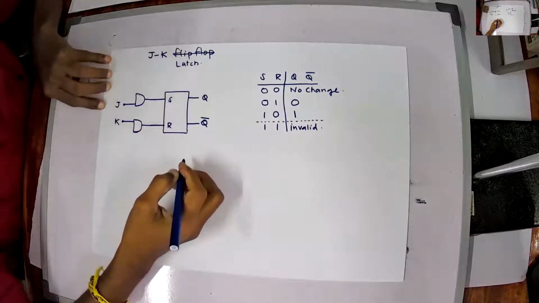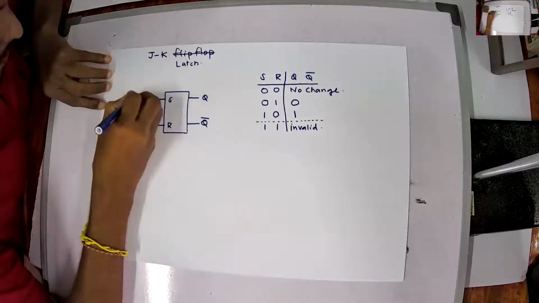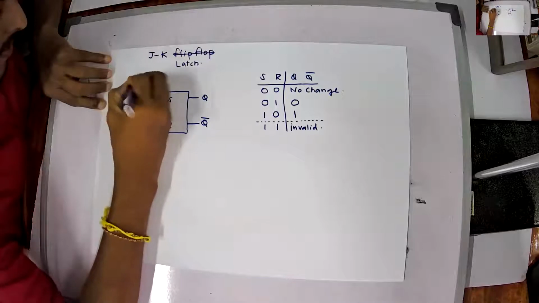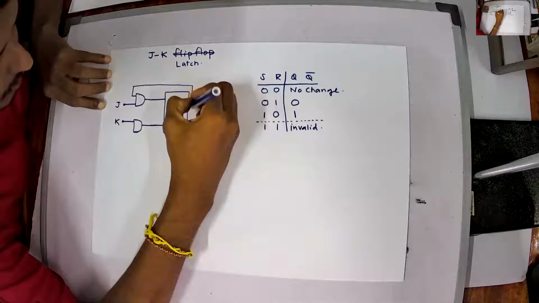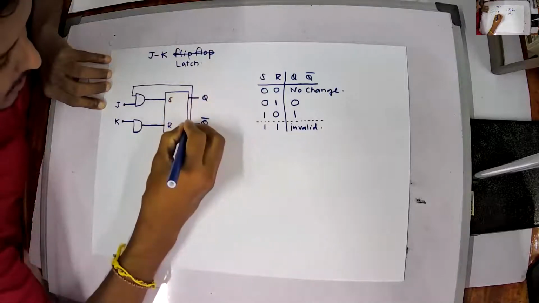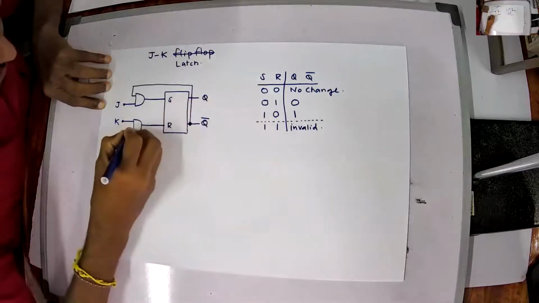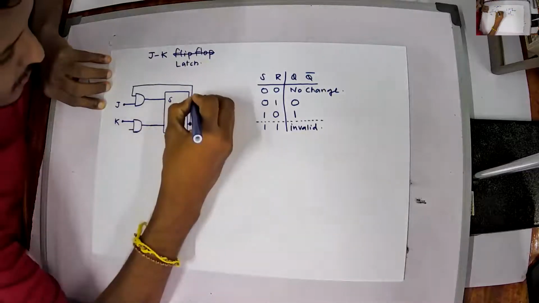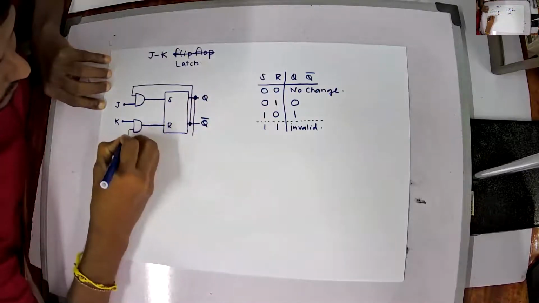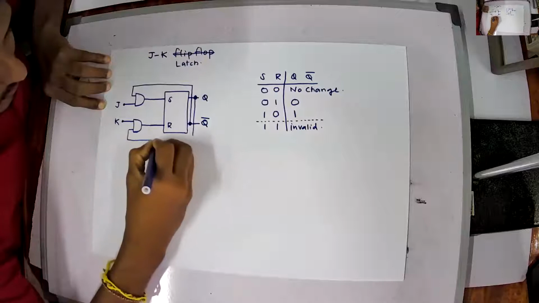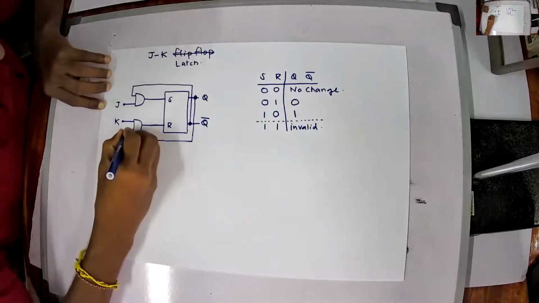I will feed back Q bar to the AND gate with J, and Q to the AND gate with K.